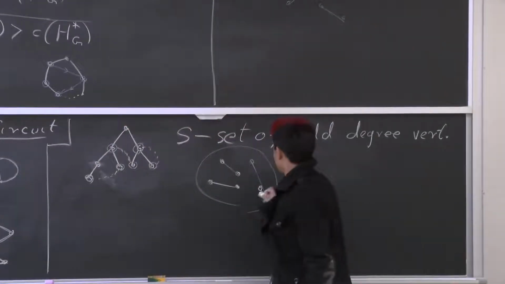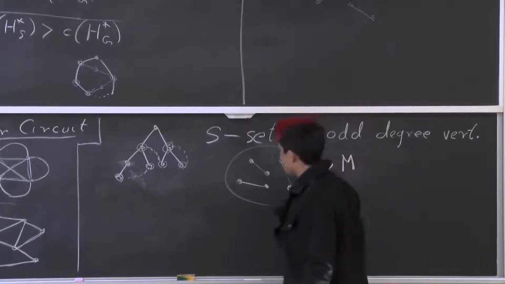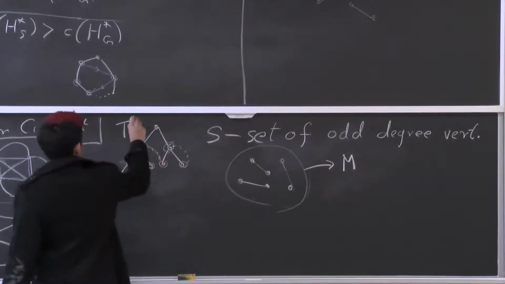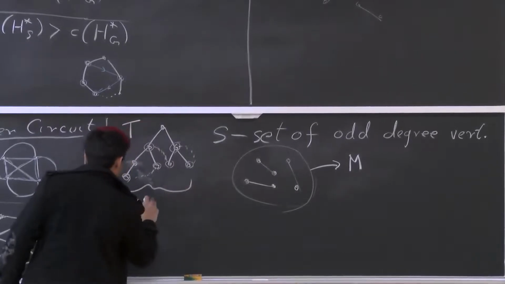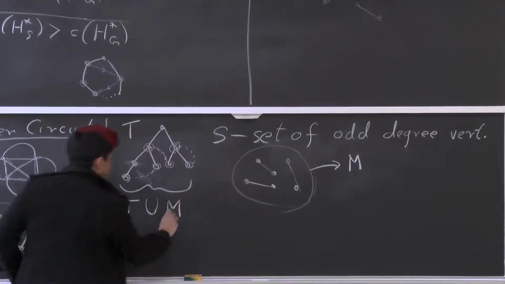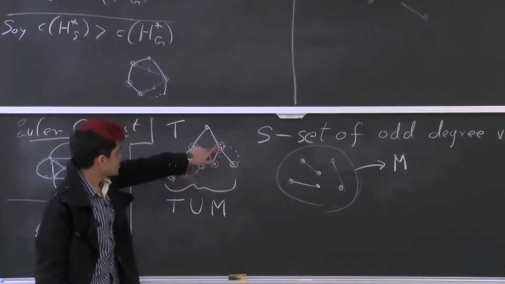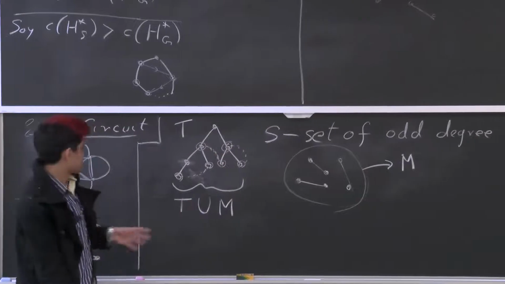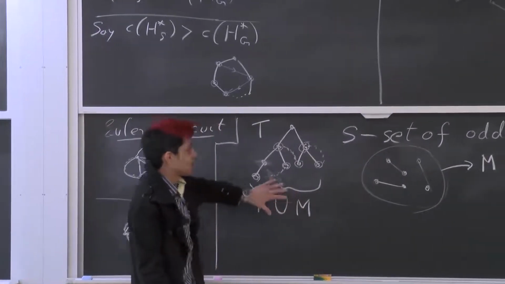Also, let's call this matching M. So this is a set of edges, M. Let's call the original tree T, and the new thing that is formed is T union M. So you're taking all the edges from T, and you're adding all the edges from M. So realize that you can have multiple edges, but that's fine, because Euler circuits allow you to have multiple edges. So now you take this graph, and you find this Euler circuit.